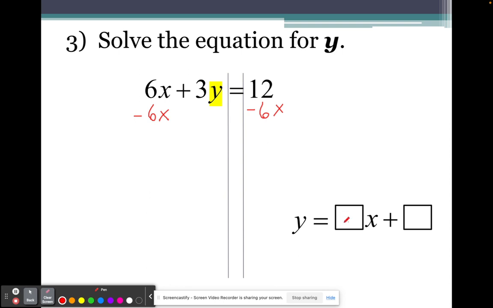Now you'll see that I have the x first here. So when I rewrite this, I'm going to write the x in front. So I have negative 6x and a positive 12.